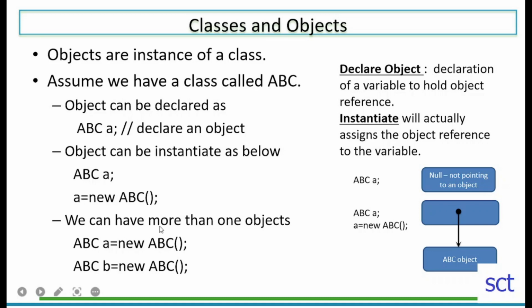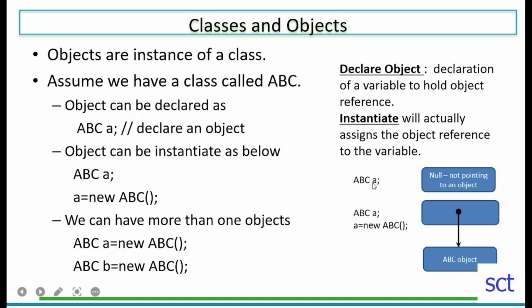If you have more than one object, you write ABC A = new ABC, creating the instance of the ABC class for object A, and at the same time you declare the instance of the ABC class for object B. When you declare an object, the variable name given here is called an object.